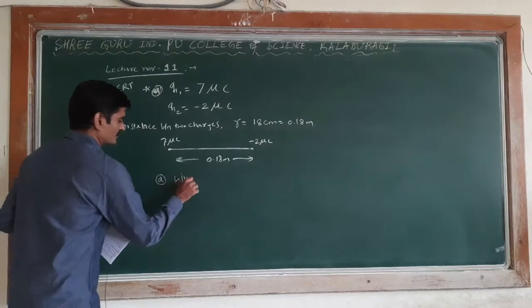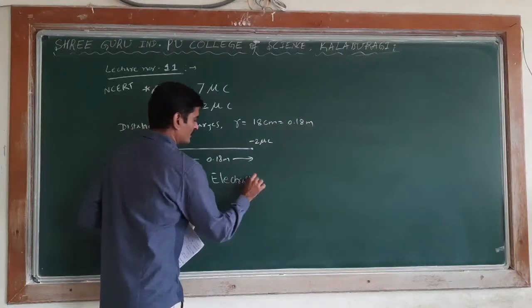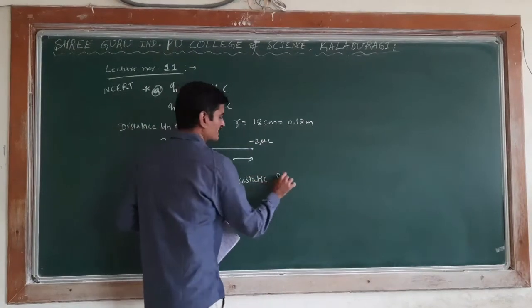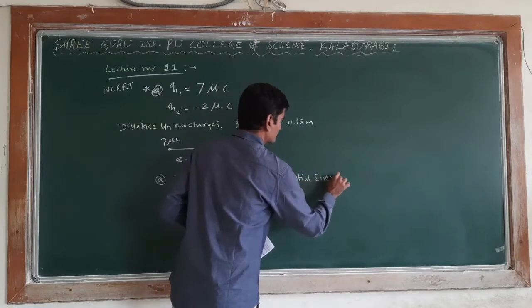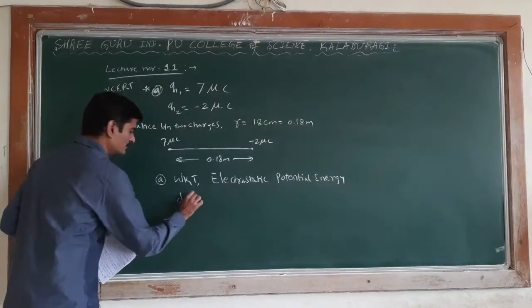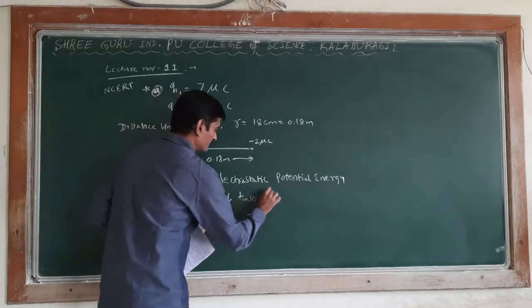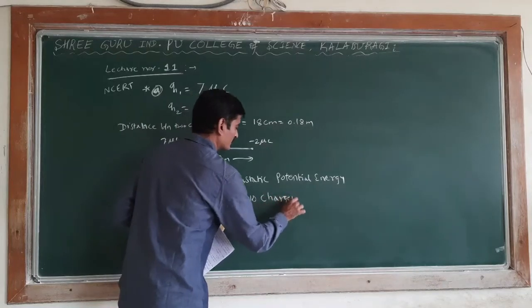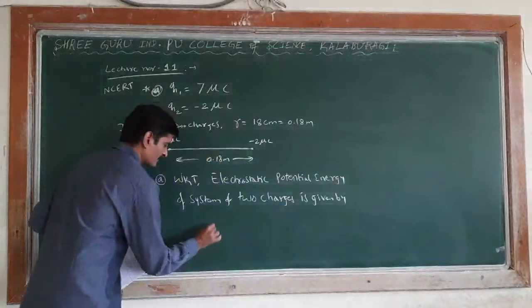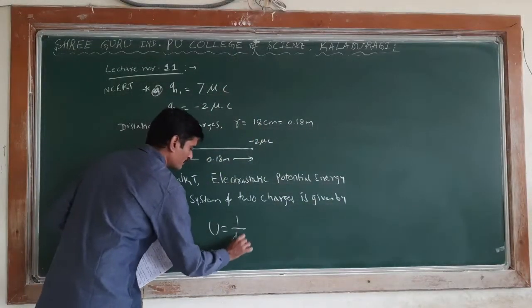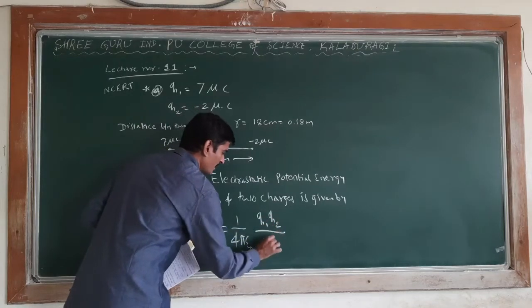So we know that electrostatic potential energy of a system of 2 charges is given by U is equal to 1 by 4 pi epsilon naught Q1 Q2 divided by R12.